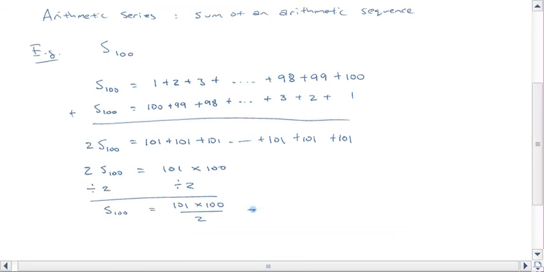That's the same thing as 101 times 50, which is equal to 5050. So that's pretty amazing, isn't it, really?